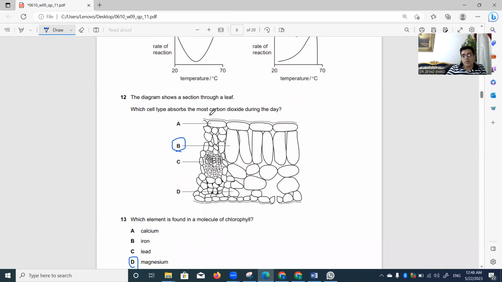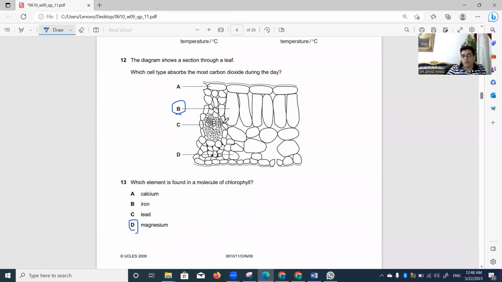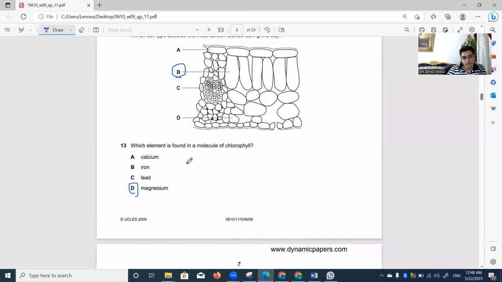Which cell type absorbs the most carbon dioxide during the day? The answer is B, as B is a palisade mesophyll cell where photosynthesis occurs. Which element is found in a molecule of chlorophyll? As we all know, magnesium is used to synthesize chlorophyll and nitrate is used to synthesize protein.